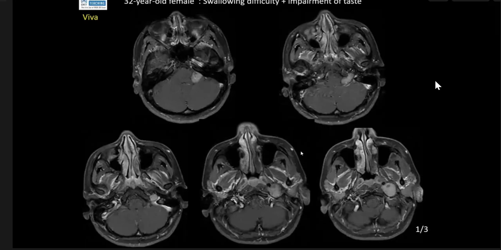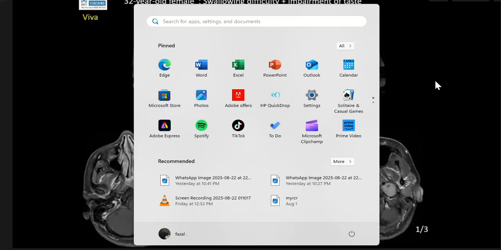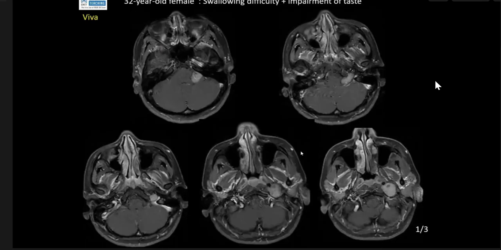So we've got axial sequences through the lower part of the cranium, T1 post-contrast, selected sequences, and I can see that within the left posterior fossa there is an enhancing lesion, and I'm just going to interrogate the other images.